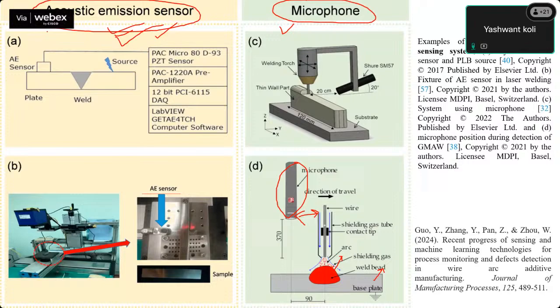You can see here the AE sensor is connected to the plate itself, and in the practical image also, this is the plate and the AE sensor is attached to it. The closer it is attached to the substrate plate, the better and more reliable the data you will achieve. Multiple AE sensors with different frequency ranges can also be combined for broader detection. These can improve the quality of the WAM component.